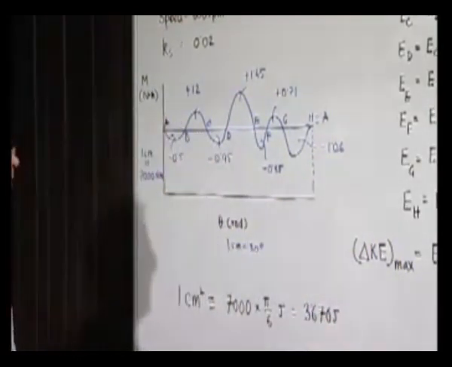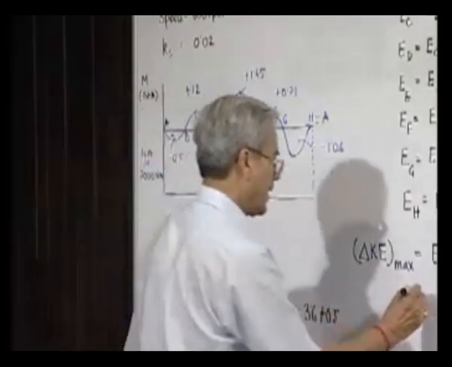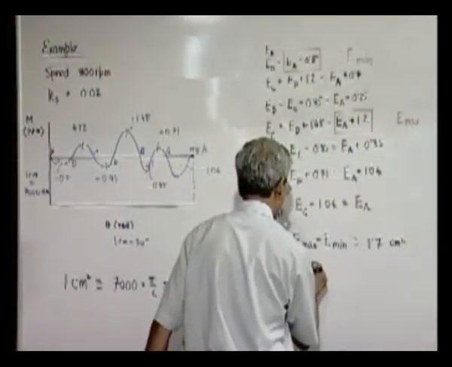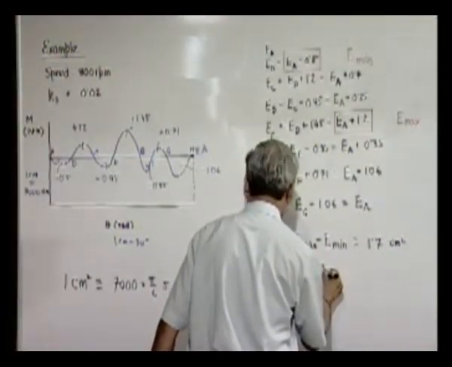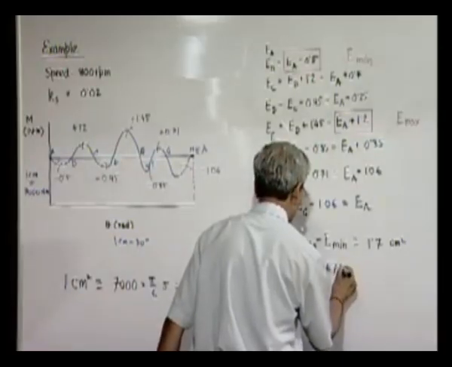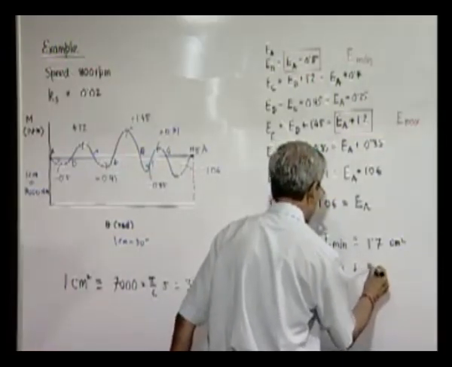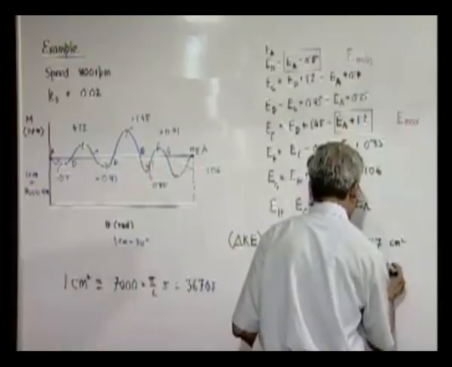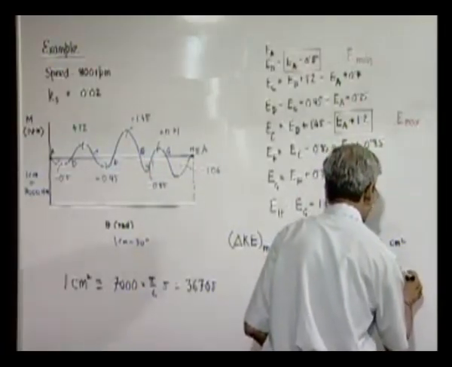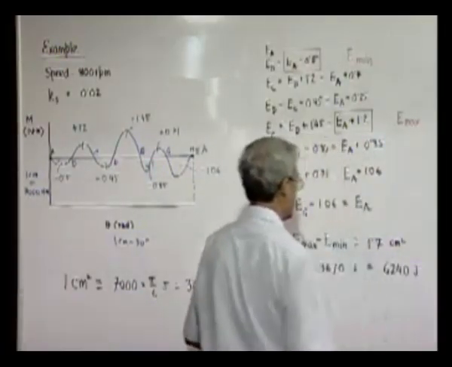This is the scale. So if you multiply by this, this is in joules, it is equal to 6,240 joules.